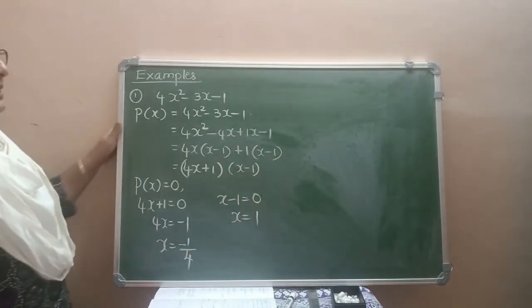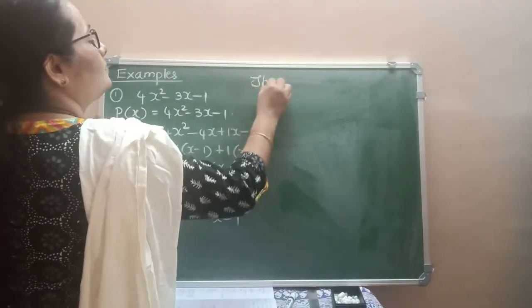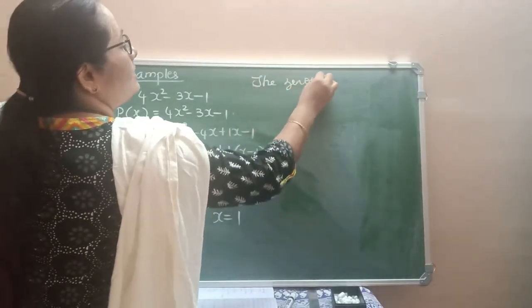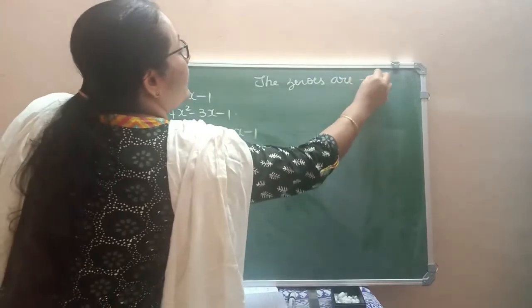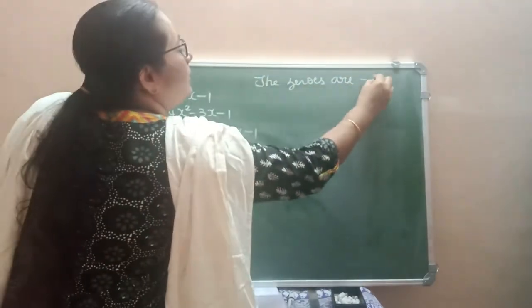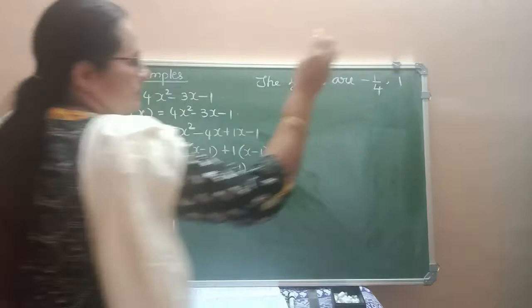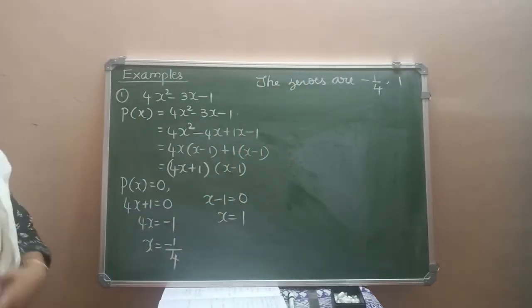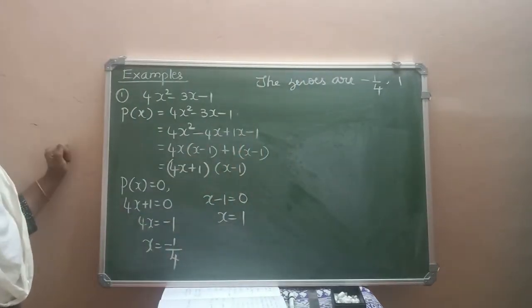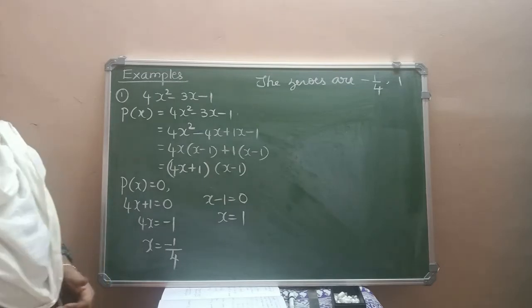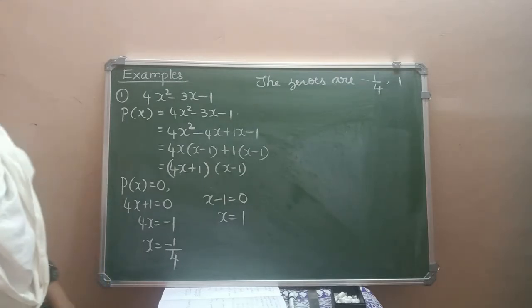So the zeros are minus 1 by 4 and 1. So these two are the zeros of this polynomial. Now we have to verify using zeros and its coefficients.